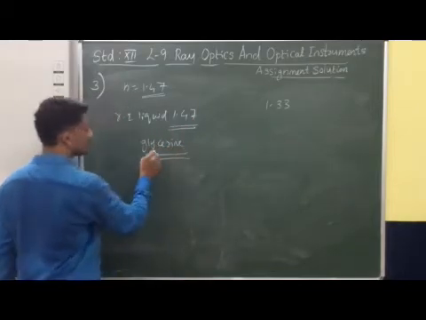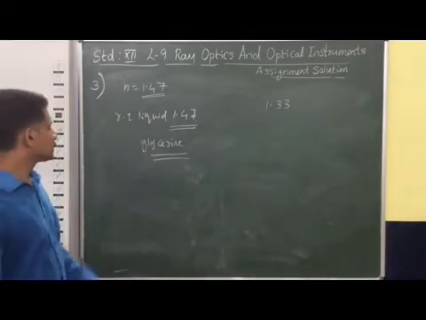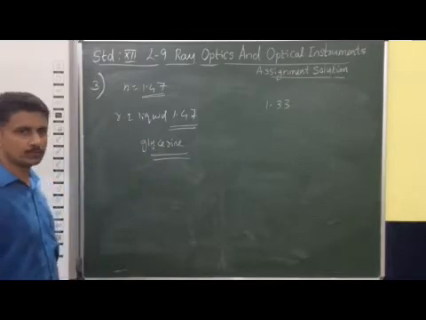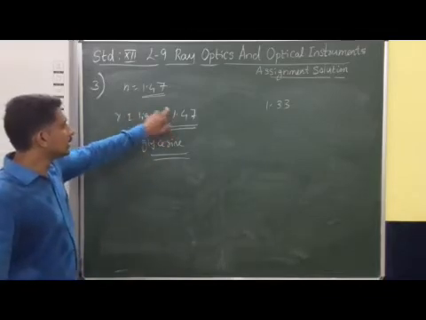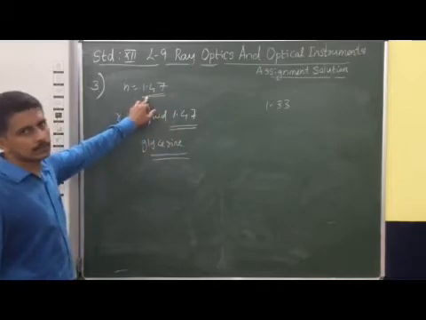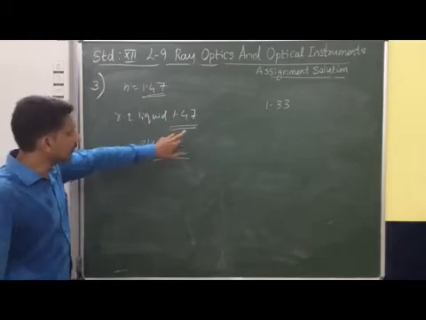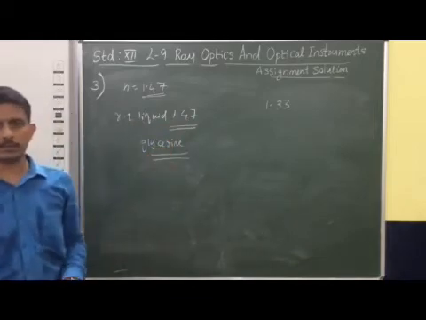The liquid is glycerin. So this is the way we can answer. The refractive index of the liquid is 1.47. Both the liquid and the lens have the same refractive index. Then only the lens will disappear in the liquid. And that substance is glycerin.